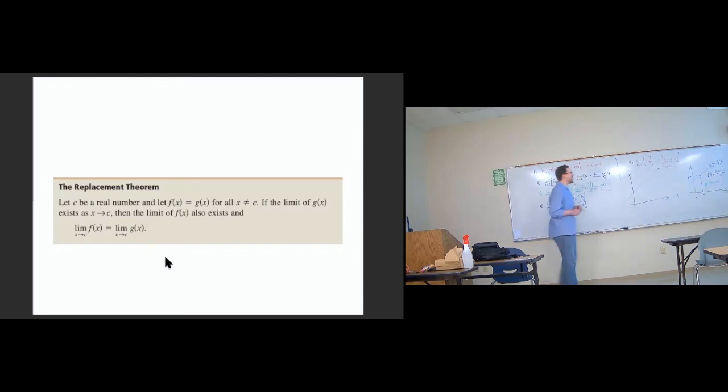So in that way, now, when we want to evaluate this thing, all we have to do is apply the limit to x plus 1. And the reason why is because if these two functions are equal everywhere except at that one point, well, then every value has to approach the same number, right?